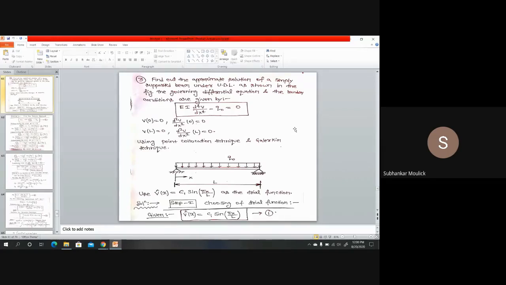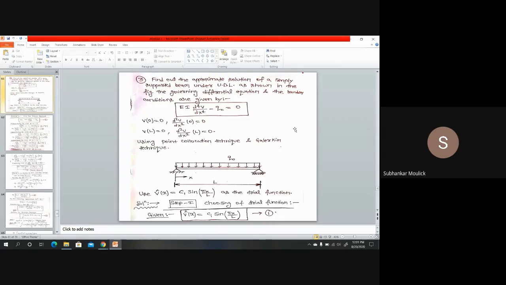Value of V will be 0 when x is equal to L, and the second derivative, d2V over dx2, is 0 when x is 0, and d2V over dx2 is 0 when x is equal to L. Use point collocation technique and Galerkin technique to find out the approximate solution for this problem.